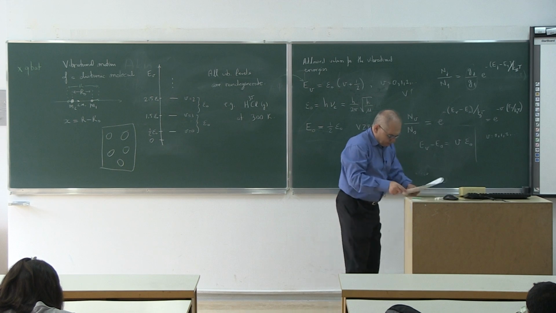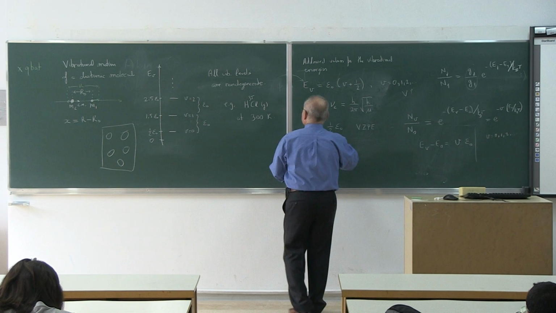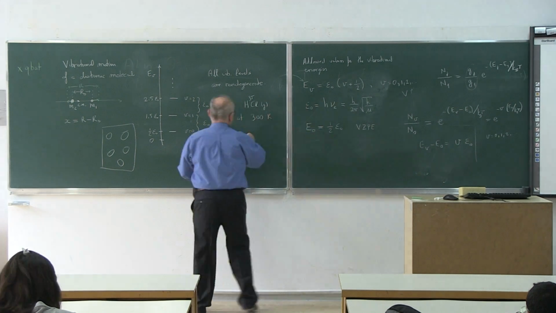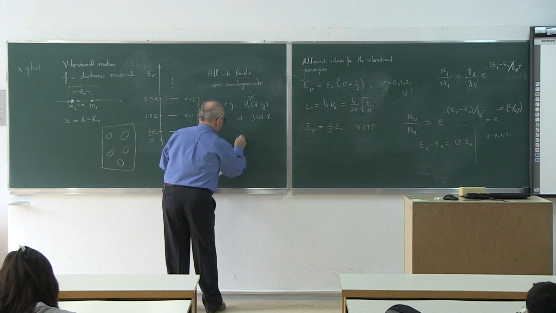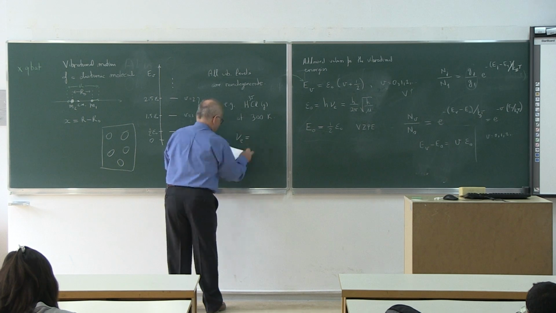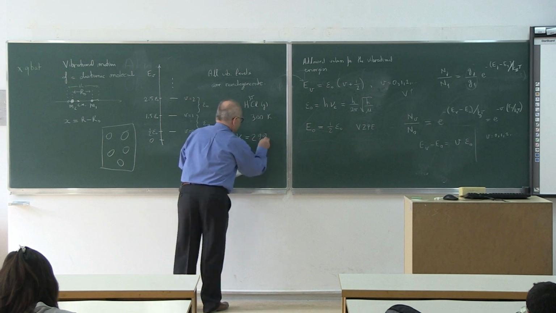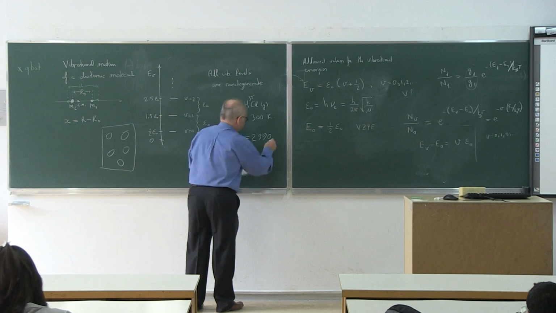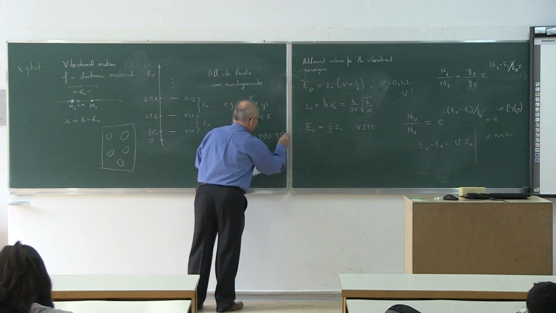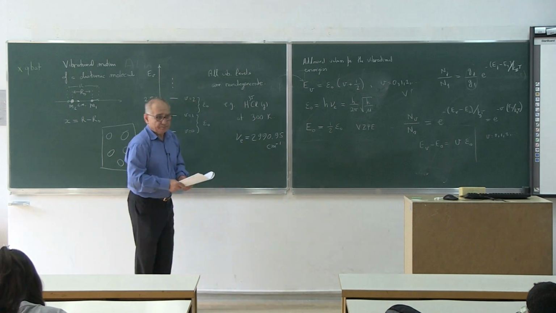Now, to do this calculation, we need data for this value, which is given: 2009.95. This is given in wave number units.